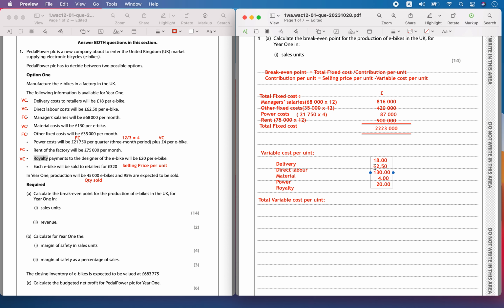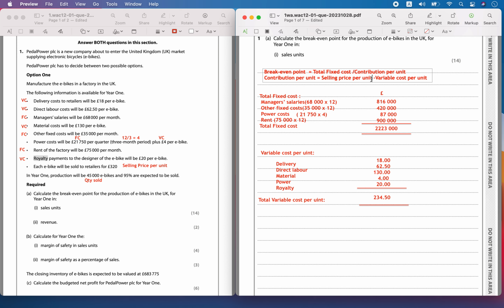Now we need to add up all of this: 18 plus 62.5 plus 130 plus 4 plus 20 is equal to 234.50 pounds. Now this is the variable cost.